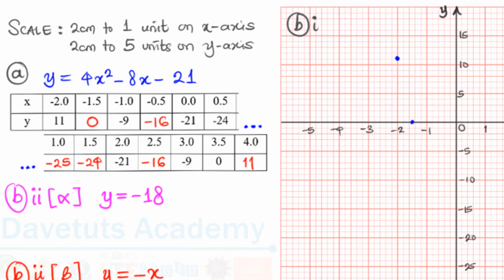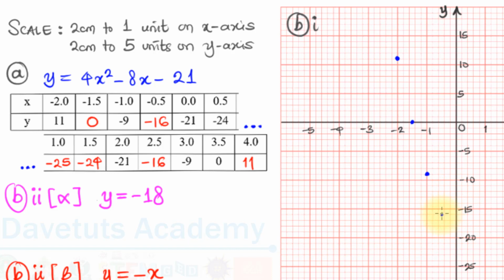So I can also note that and say this point is the point of interest, the point of intersection. And when x is minus 0.5, okay, that's here, y is minus 16. Minus 16 is here, and they are intersecting together right about here. Okay, so that's just how to go about sorting that.